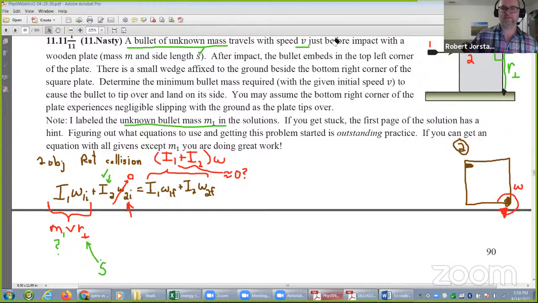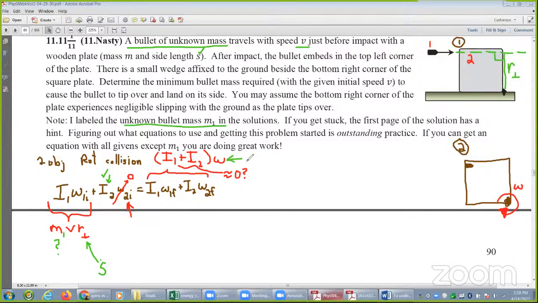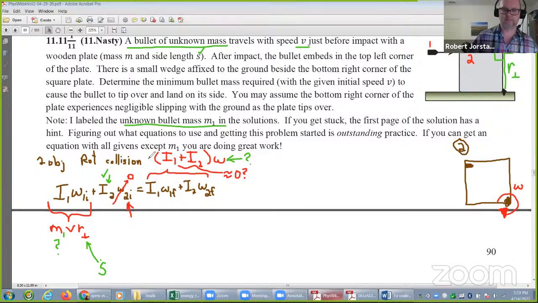What about omega final? Do we know that? No. What about I1? Do I know that?